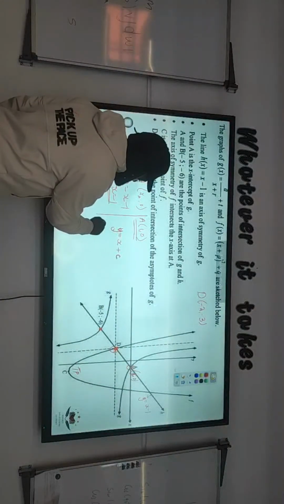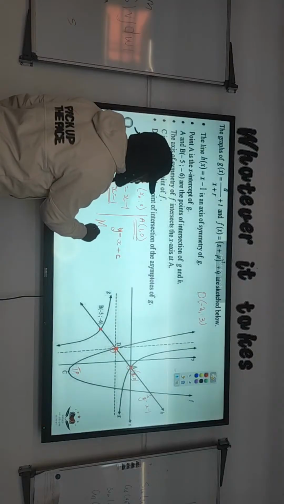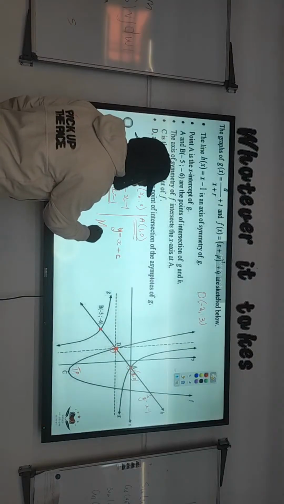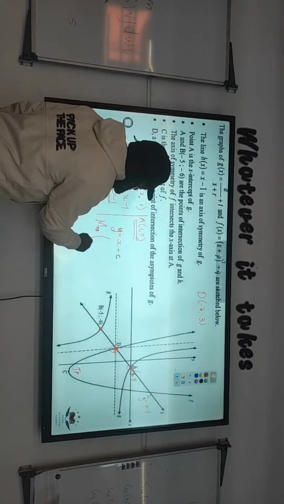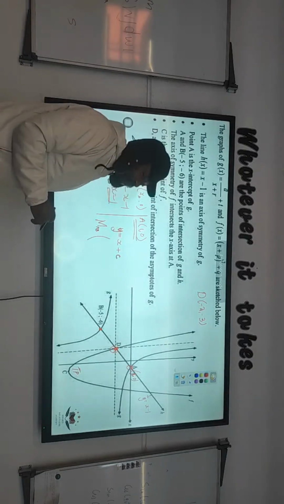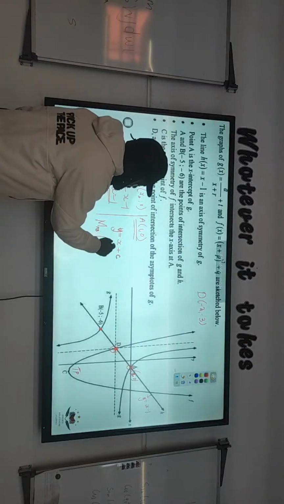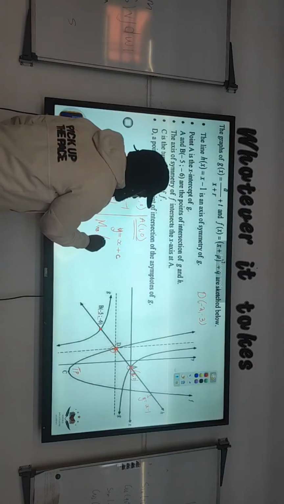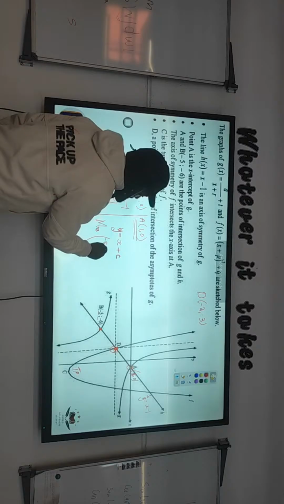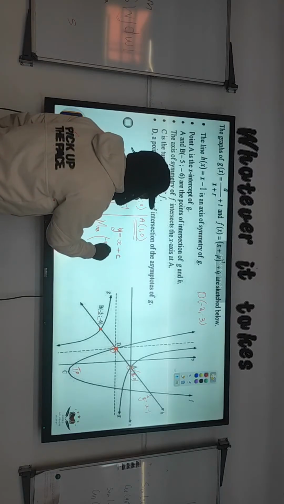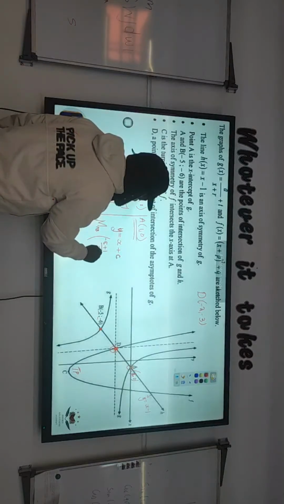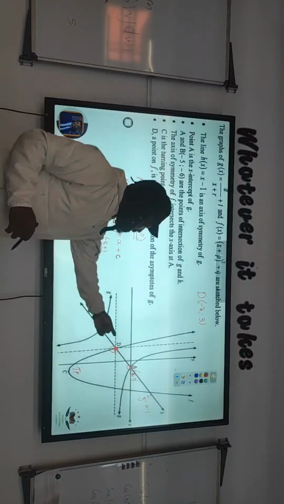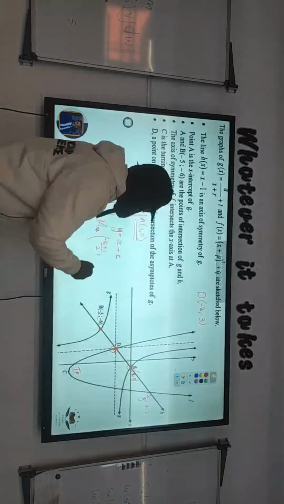The midpoint of AB would be, let's start with the x coordinate. I have these 2: x is equal to negative 5, and then I have 1, and I divide by 2, because it's a point of symmetry.